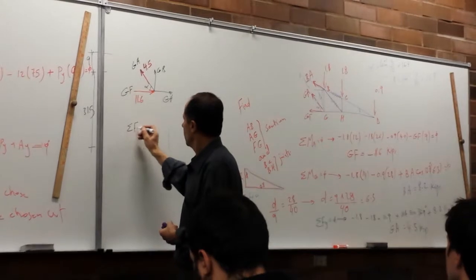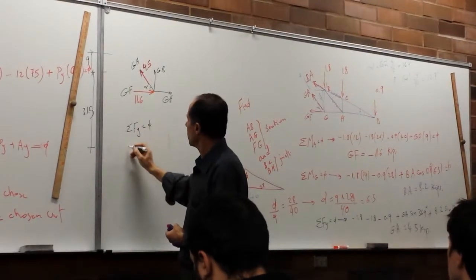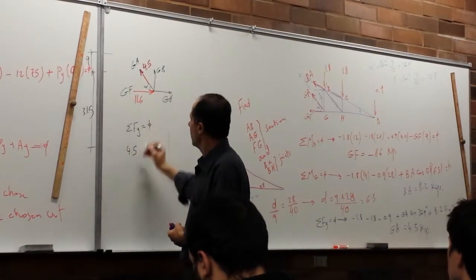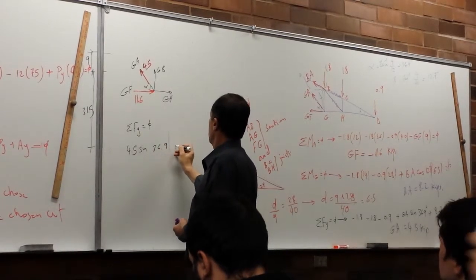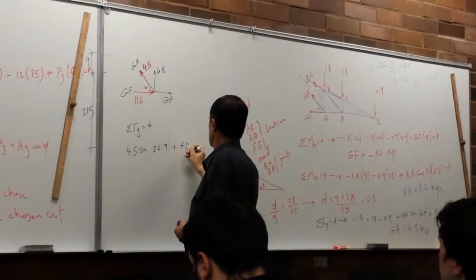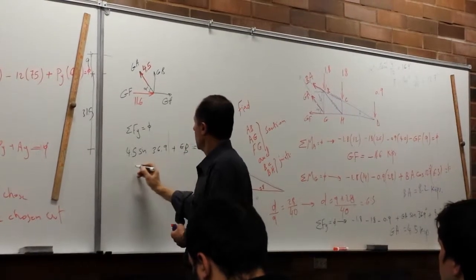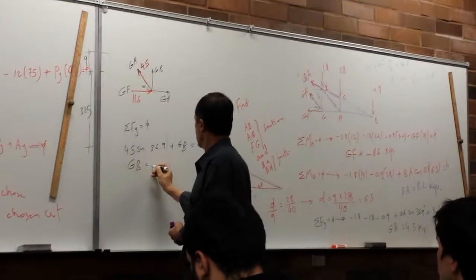The other two, I don't know. Sum of forces on what? Equals 0, 4.5 sine of alpha positive, GB equals 0, or GB equals negative.